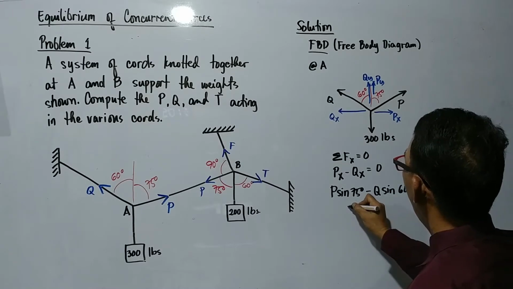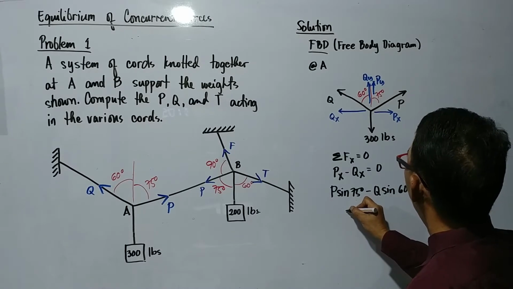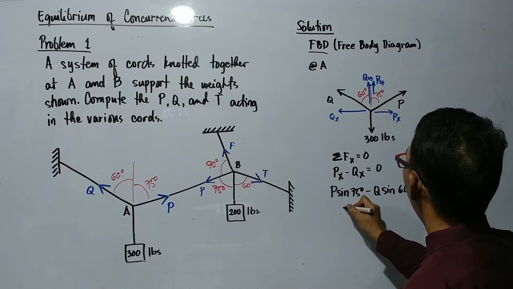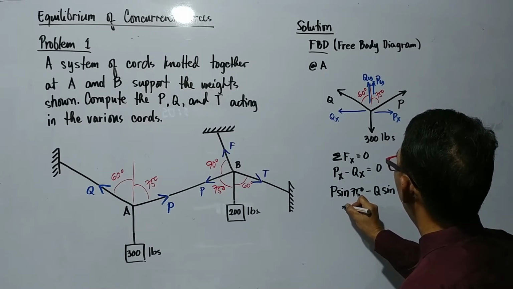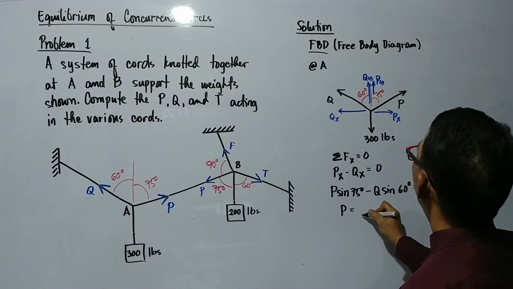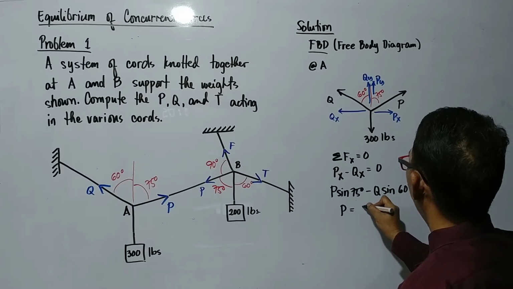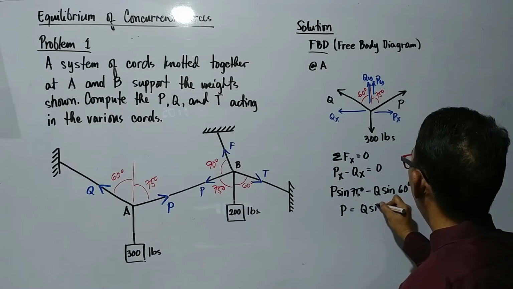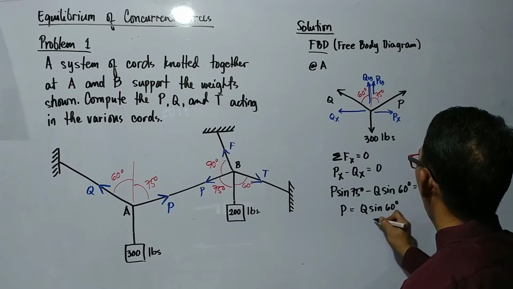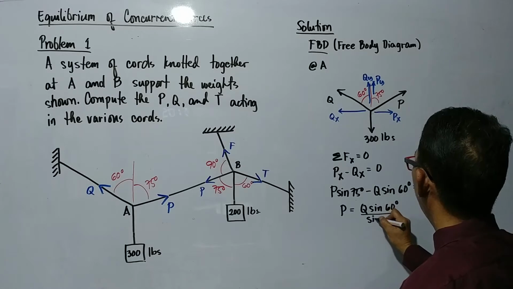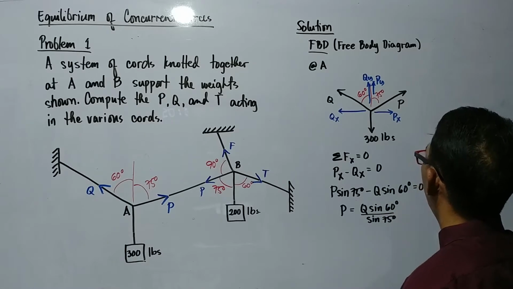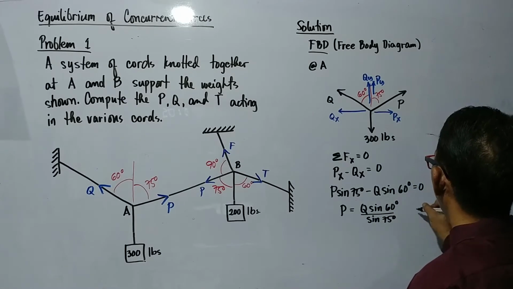Or our P now is Q sine 60 degrees over sine 75 degrees. This is our equation 1.